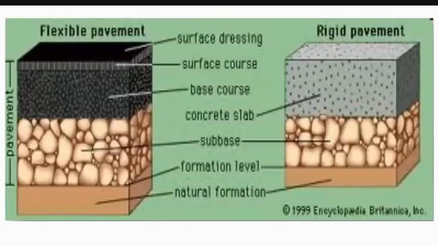So these are the layers. We can see the top layer in flexible pavement, that is surface dressing. The surface course itself has various layers: prime coat, tack coat, seal coat, and bituminous concrete. So that is the top bituminous surface layer. Next is the base course, sub base course, and subgrade, the natural formation.